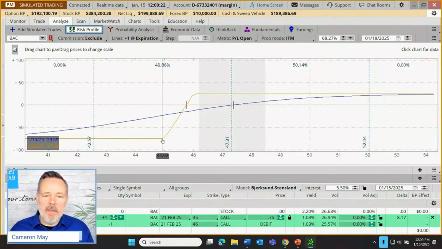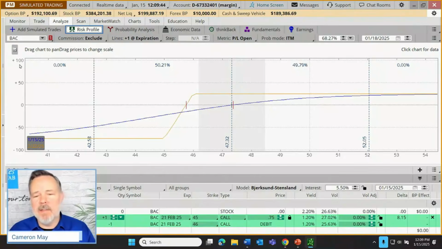And what this orange or yellow line shows us is the potential for profit or loss at expiration of this contract, 21st of February, if price goes up or down. So over here is that potential for loss or gain. And you can see for this trade, it's not going above $100 because this trade actually doesn't offer the potential to make more than $100.